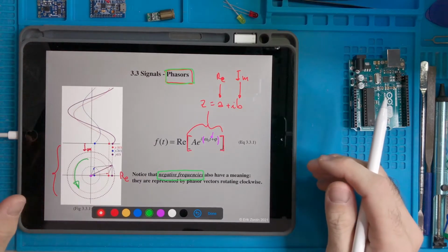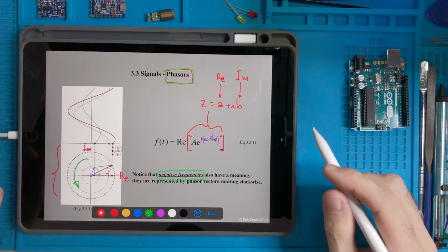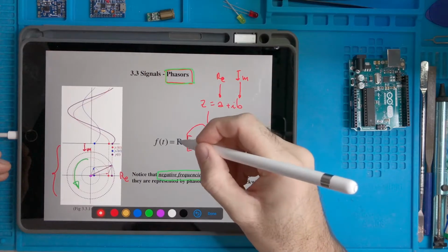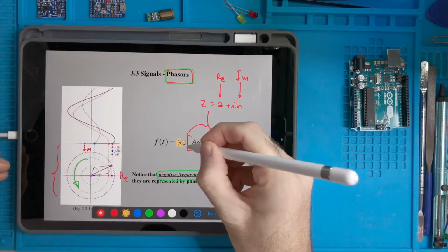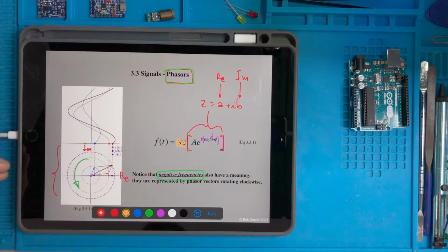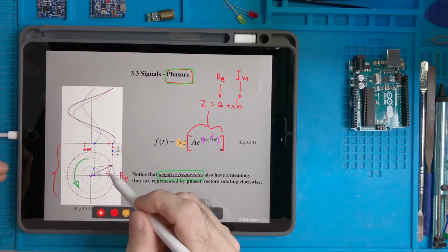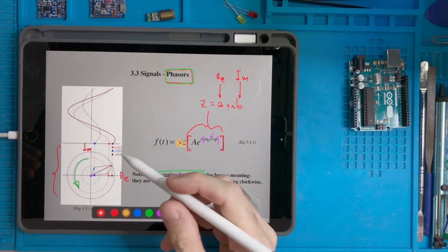So we associate a complex number to a sinusoidal signal, and more precisely, we associate the real part of this complex number. So for instance, here you see a projection in this picture, let's say a geometrical graphical projection.